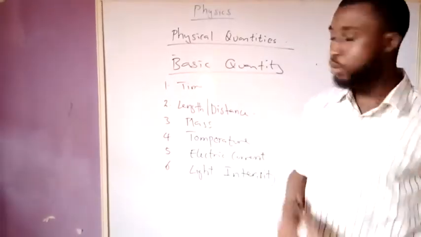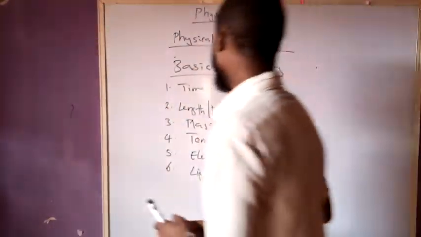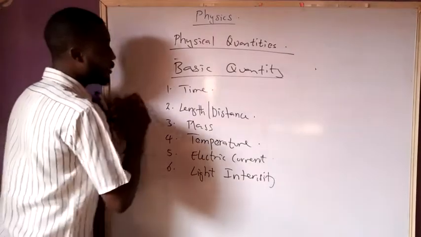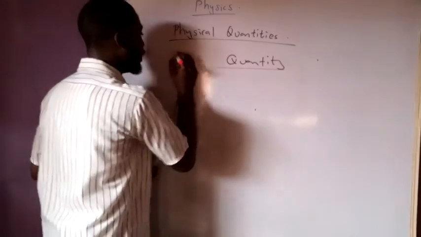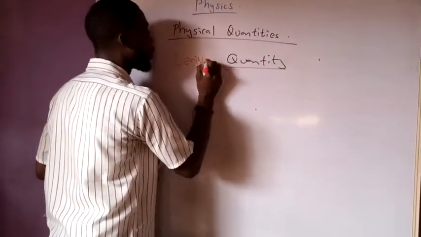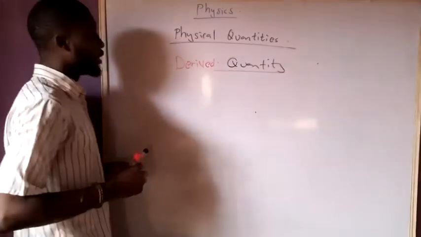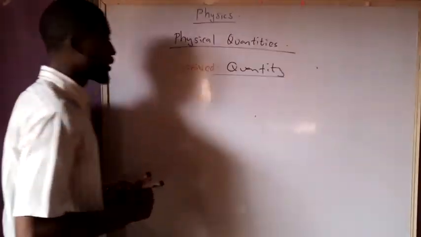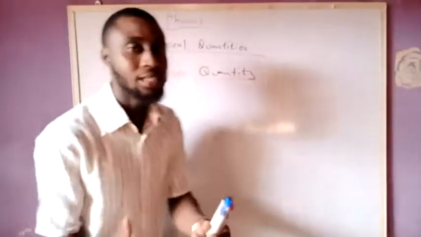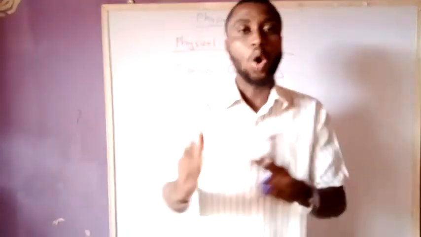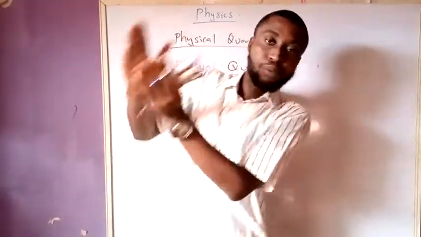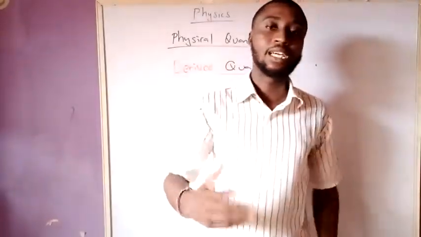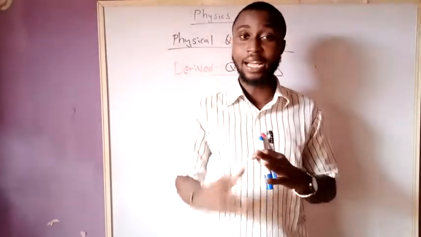So number two type of quantity that we have is derived quantity. Derived quantities are quantities that are gotten from the combination of two or more basic quantities. Quantities that can be expressed in terms of other quantities are what we refer to as derived quantities.